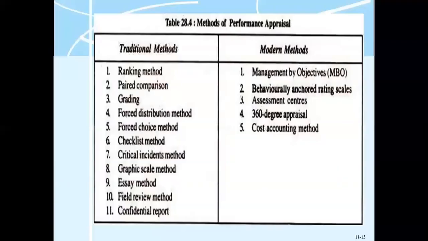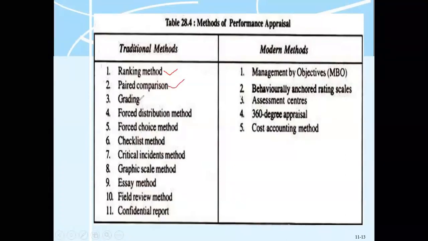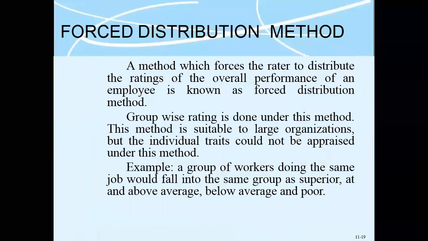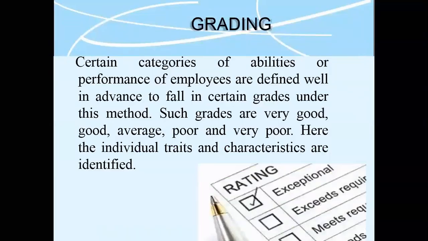Out of this, we have discussed the ranking method, period comparison method, grading method, and forced distribution method. The grading method we are going to discuss today. So let's start one by one. Now, the grading method.